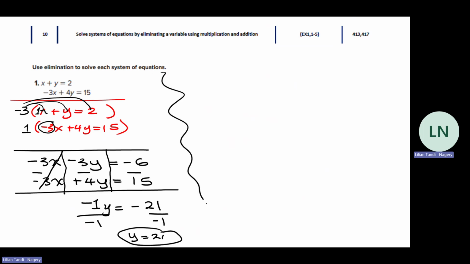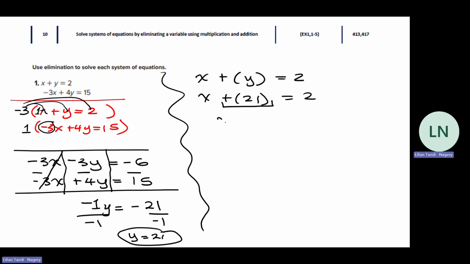Once you find y, find x. X plus parentheses y equals 2. So you have x plus 21 equals 2.